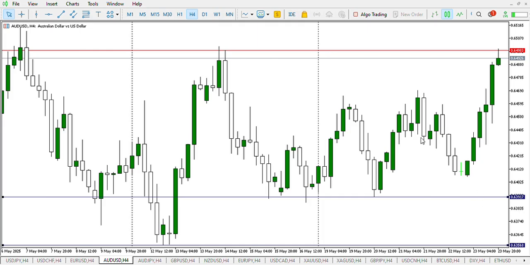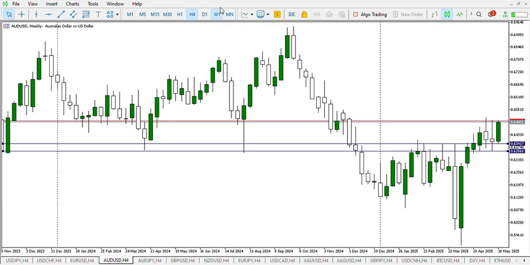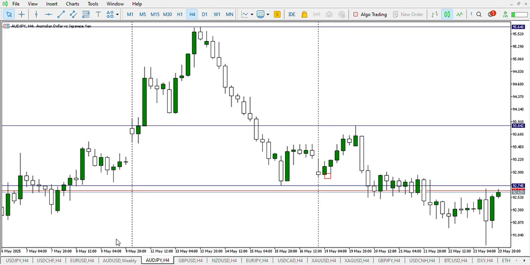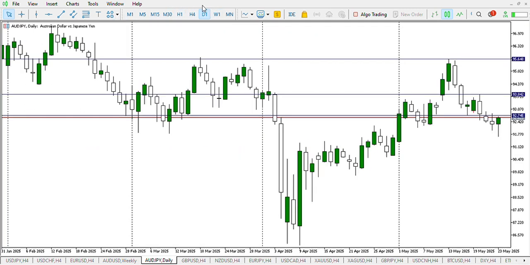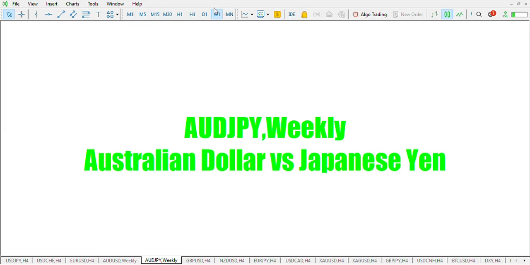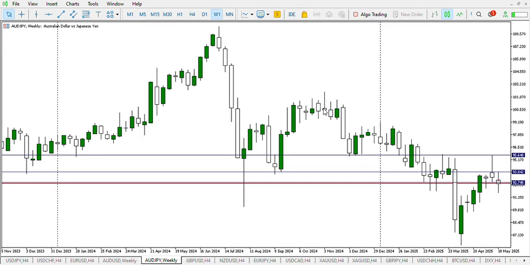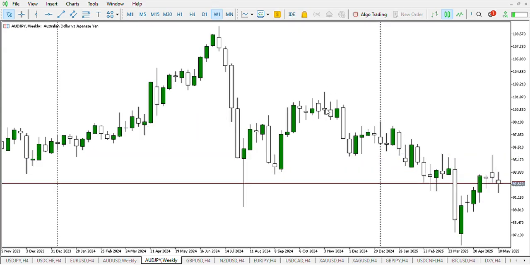So we'll see how price behaves within these zones, as price is also in an uptrend. And on AUD JPY, you need to know that these key support areas, most likely the buyers are going to attempt to push price up and establish their dominance.